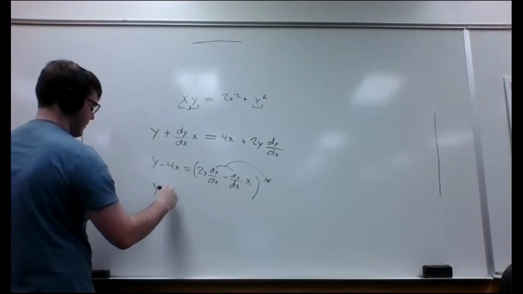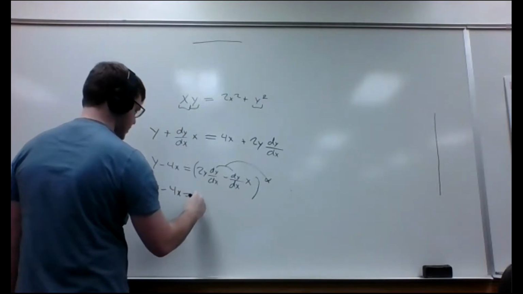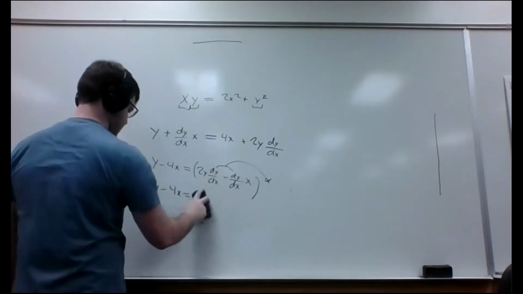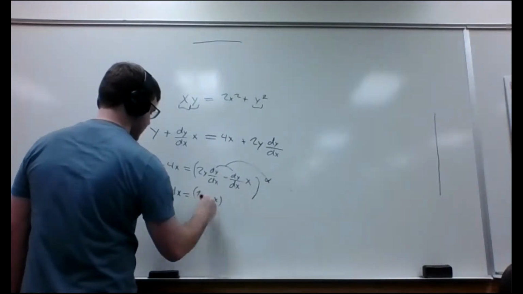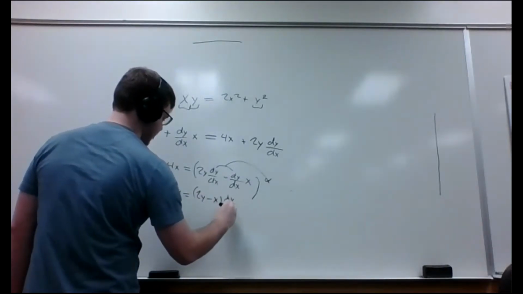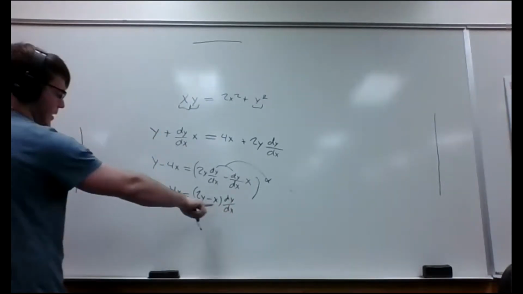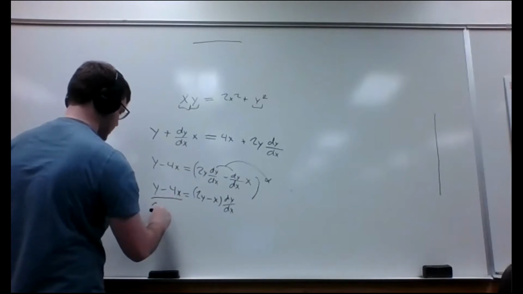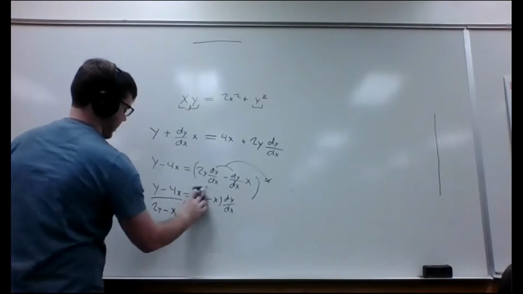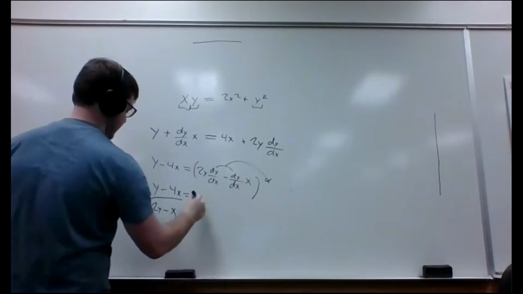So y minus 4x equals 2y minus x times dy dx. And to get our dy dx, we simply divide across. And there's our answer.